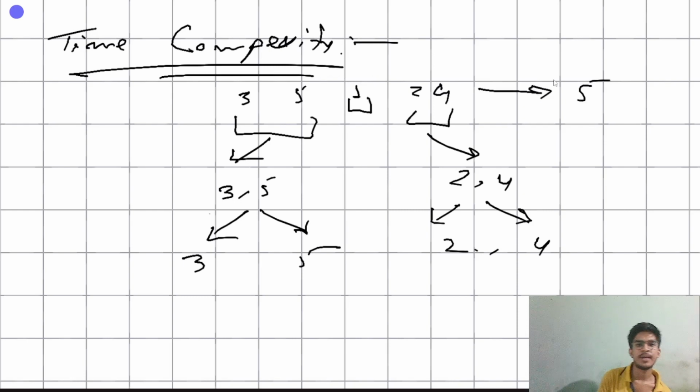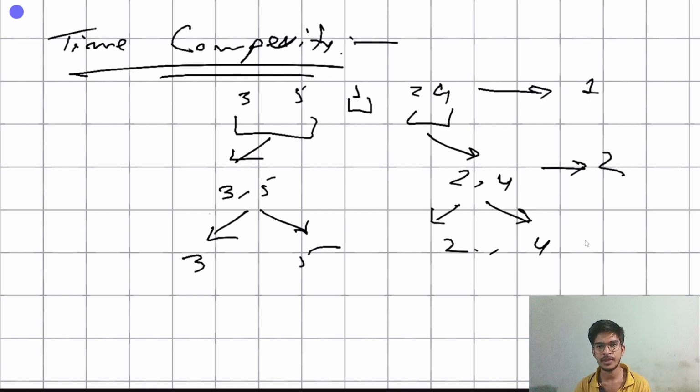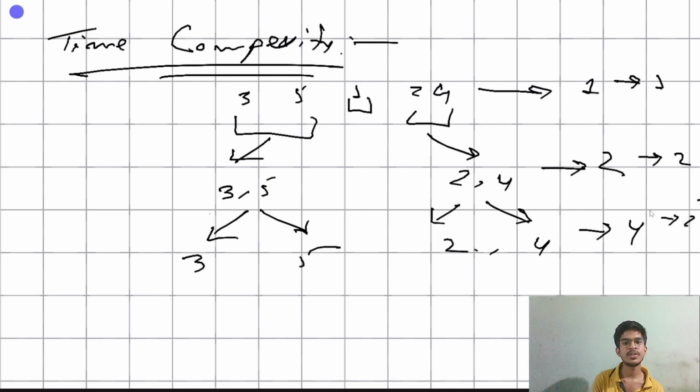Here we have one total array, one total array, and here we have a total array, and we have four total arrays. So what happens here? Here is one, it is 2, and it is 2 to the power square. That means for n elements, like here are 4 elements. So for n elements, what will happen?